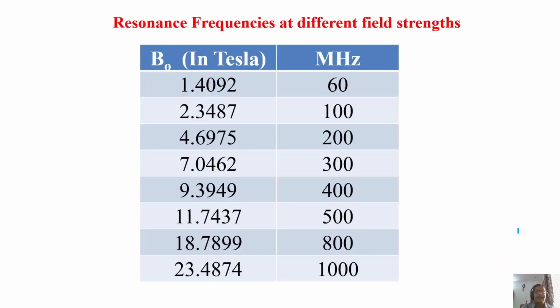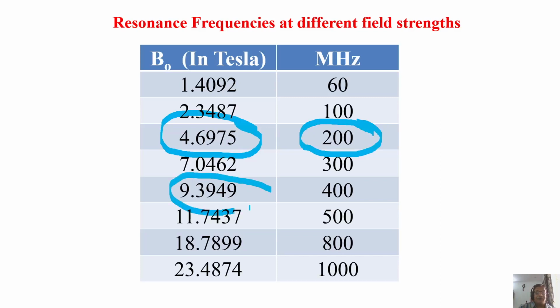Okay. This table gives you a feel for what is happening when I increase the magnetic field, how the resonating frequency is changing. Look at it. We will concentrate on this magnetic field. This is approximately 4.7 Tesla. Resonating frequency is 200 megahertz. I go to double, I'll go to 9.4.